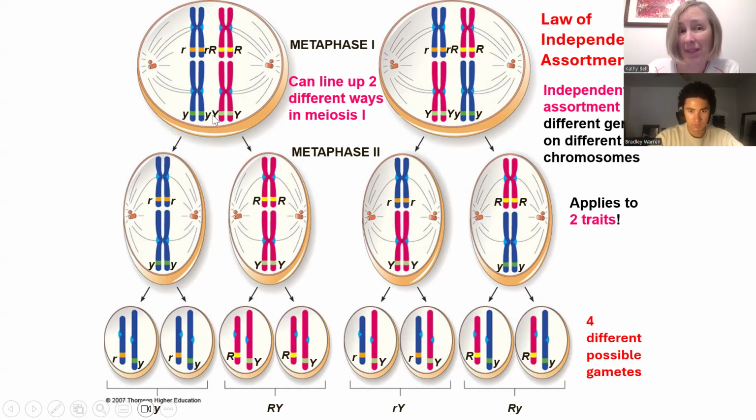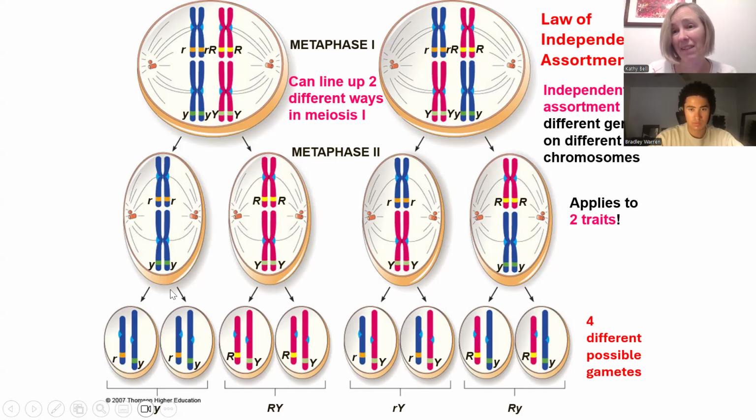Some of the cells making gametes line up this way, and some line up that way. When you separate the homologous chromosomes and sister chromatids, you end up with different combinations of the R and Y genes. So this will give you some genetic variation.